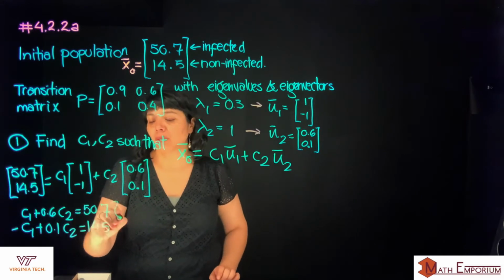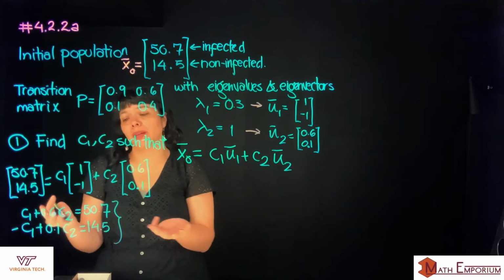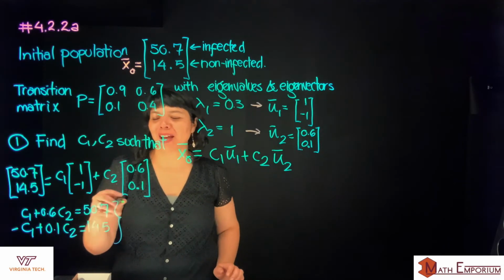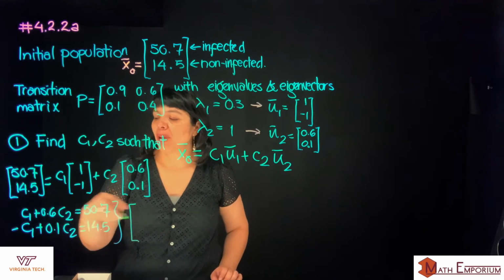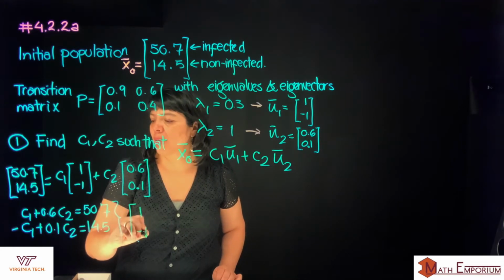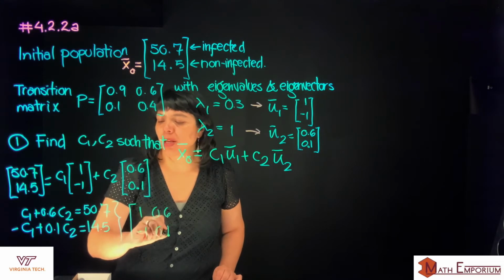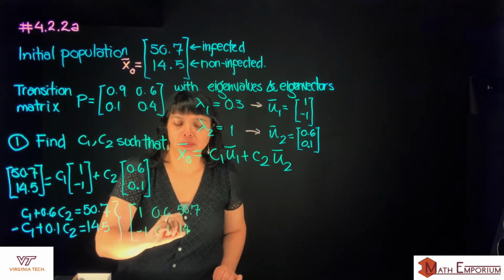And out of this, you can solve this system of equations. At this point, you can use whatever you want, but because I like our class and the material that we have, I'm going to just reduce my augmented matrix. My augmented matrix is just 1, negative 1, 0.6, 0.1, and 50.7, and 14.5.